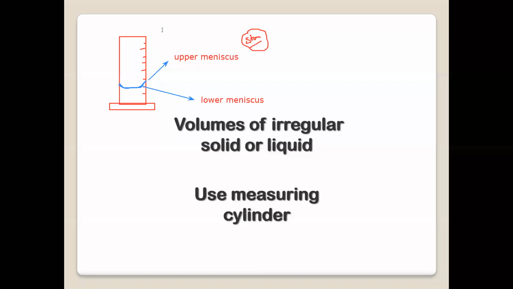So first we will record the volume of the water which we add. For example, here the volume of the water was 10 centimeter cube. So fill the measuring cylinder with a specific amount of liquid first, and then transfer the object into the measuring cylinder.